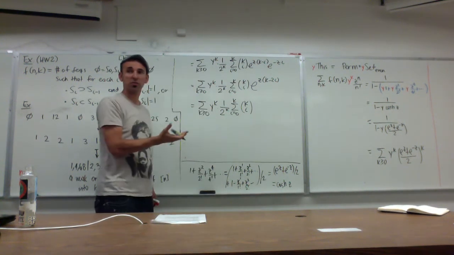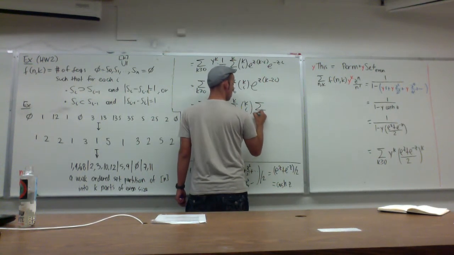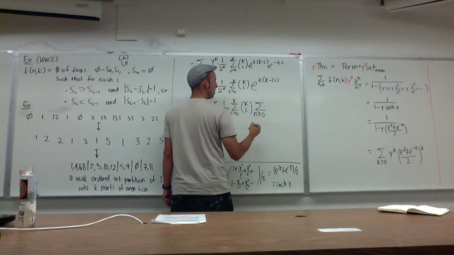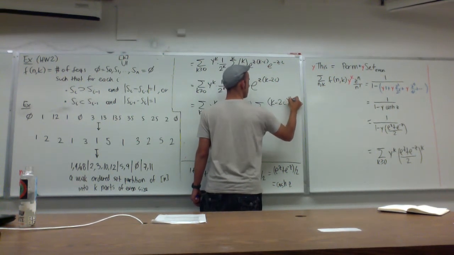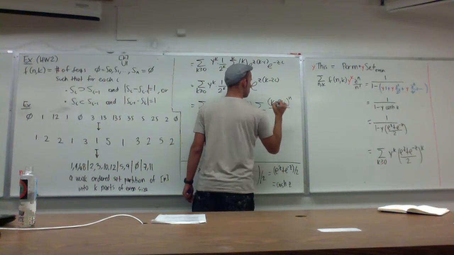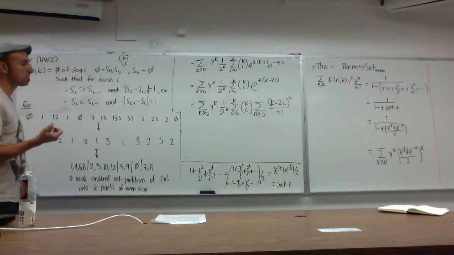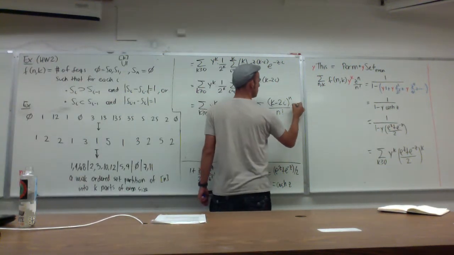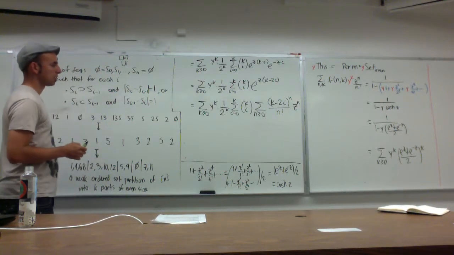And this is just an exponential, right? And so we know that this is going to be the sum over n greater than or equal to 0 of k minus 2i to the n over n factorial, times z to the n. Right?